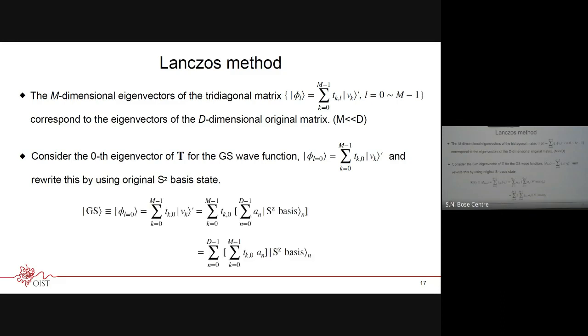So this is the equation. Let's see the detail. First we got this eigenvector of the tridiagonal matrix, and thus this normalized Lanczos vector should be written in the Sz spin basis. By doing this, you can get the eigenvector of the ground state in the Sz spin basis.